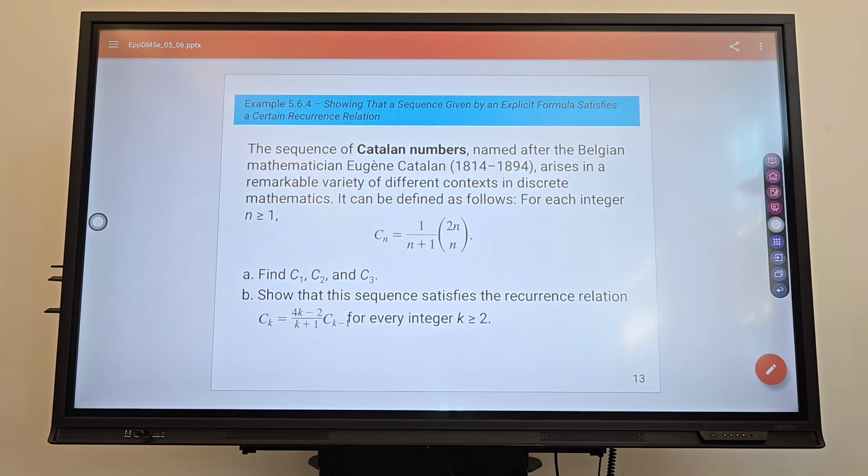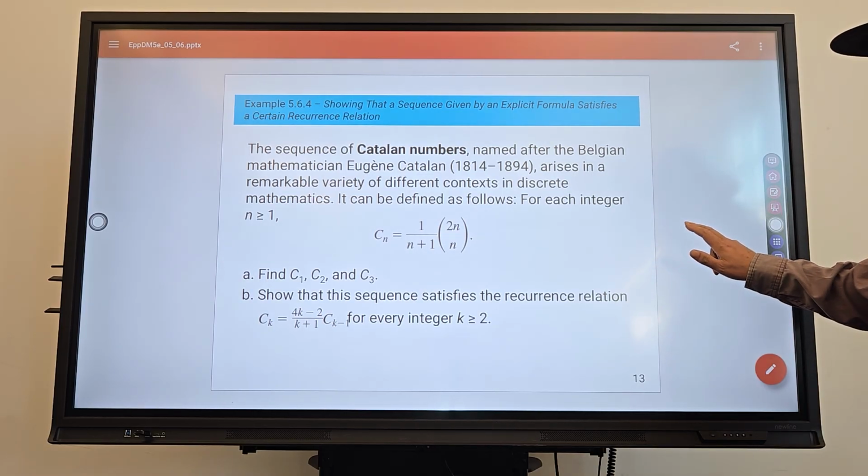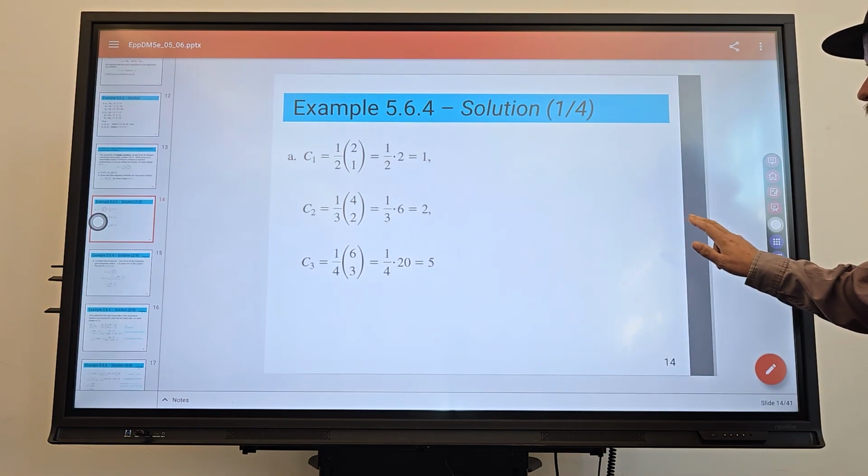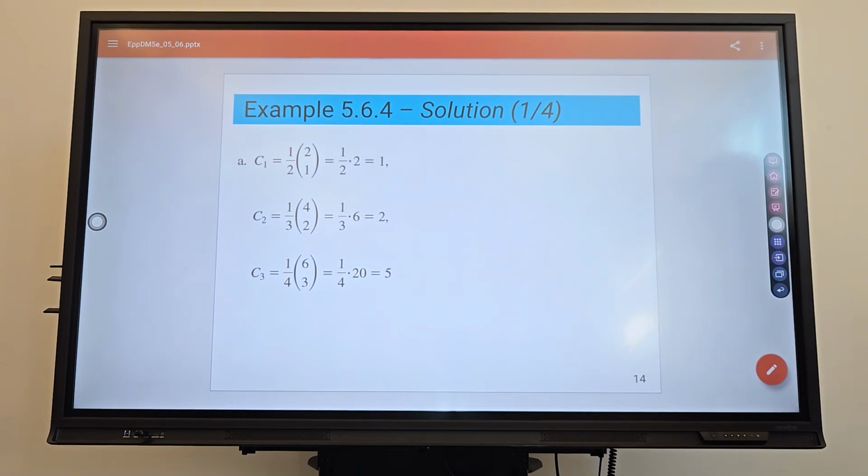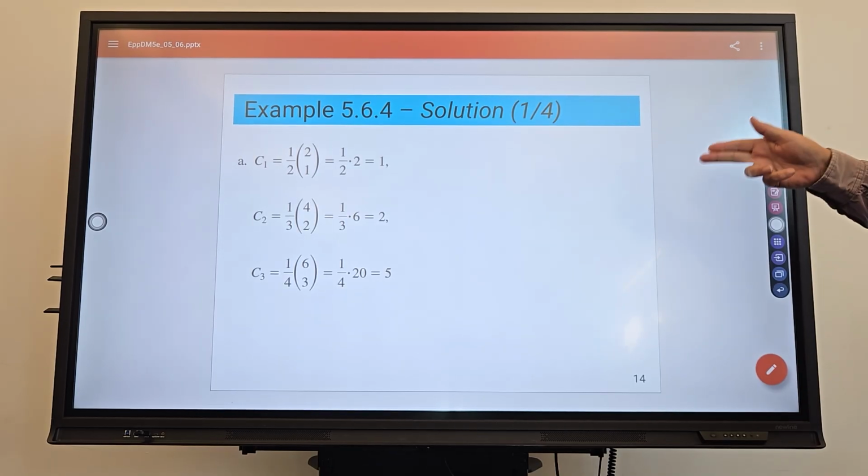So show that this sequence satisfies the recurrence relation C sub k equals (4k minus 2) over (k plus 1) times C sub k minus 1 for every integer k greater than or equal to 2. So the first terms in the sequence are going to be 1, 2, and 5.